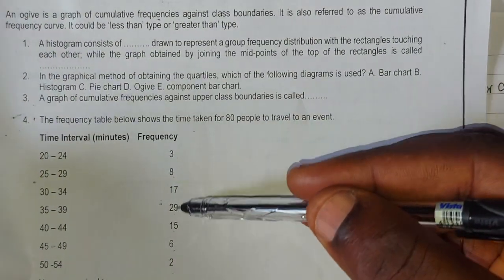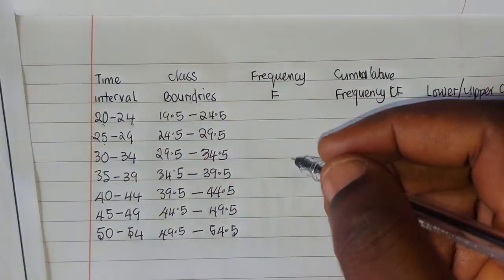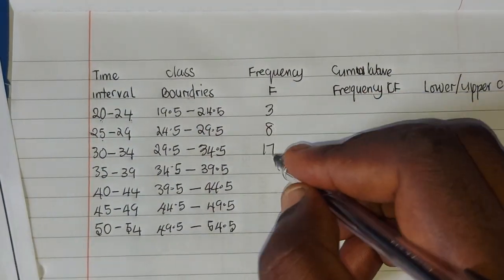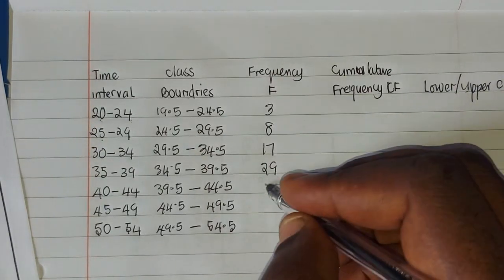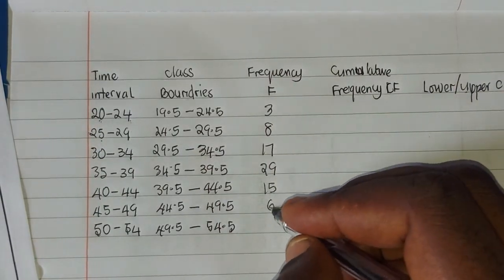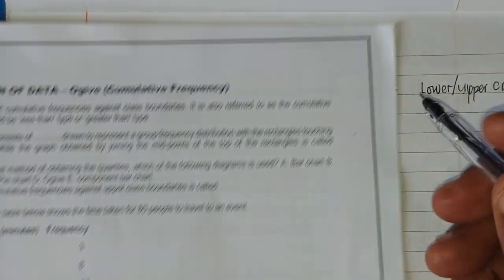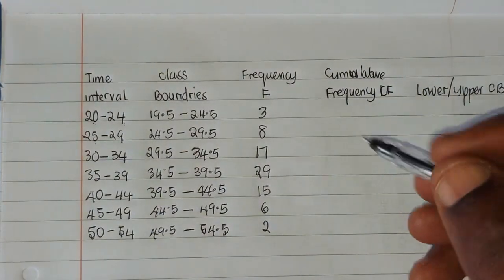Then you copy the frequency. The frequency has been given: 3, 8, 17, 29, 15, 6, and 2. Then you calculate the cumulative frequency.